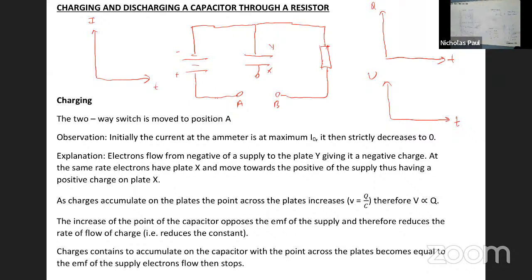Right, so you have a capacitor, you have a battery, you have a resistor, and you have a two-way switch.